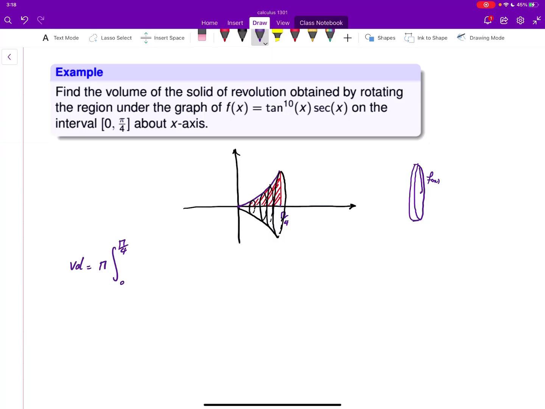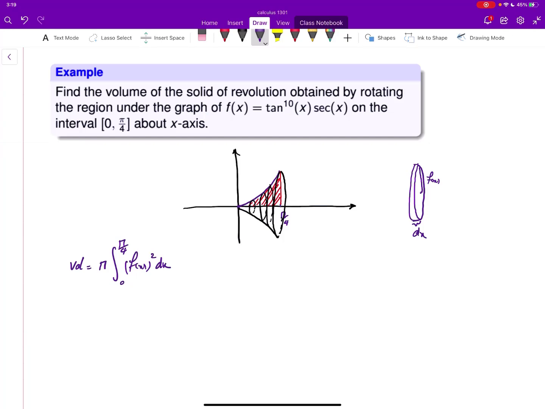So pi r squared is where this pi comes from, and f of x squared is the area of the base, but the height here, or thickness, is just dx. So that is what we have. That was a crash course on how to find the formula for the volume of revolution.